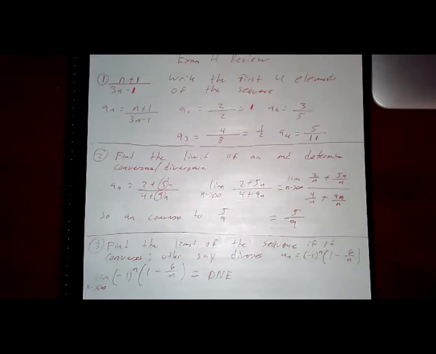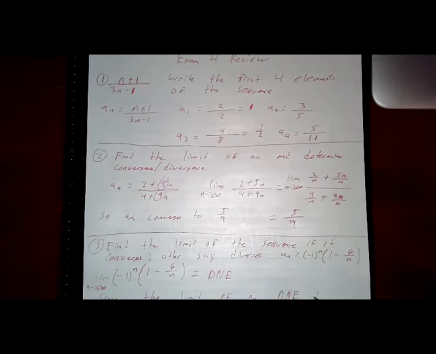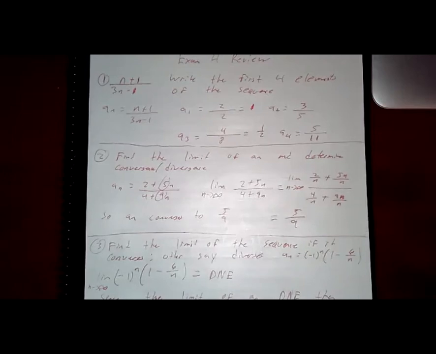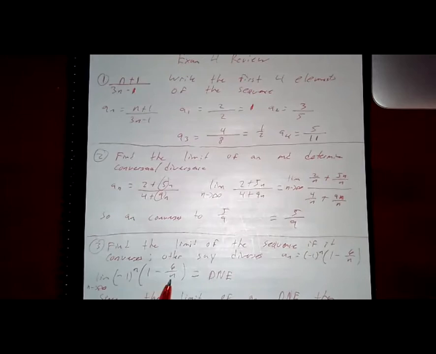It'll diverge or converge? The limit doesn't exist, so you would say it diverges because this limit will not stop at a specific number. Since the limit of a_n does not exist, then the sequence diverges. It's going to be plus minus forever.